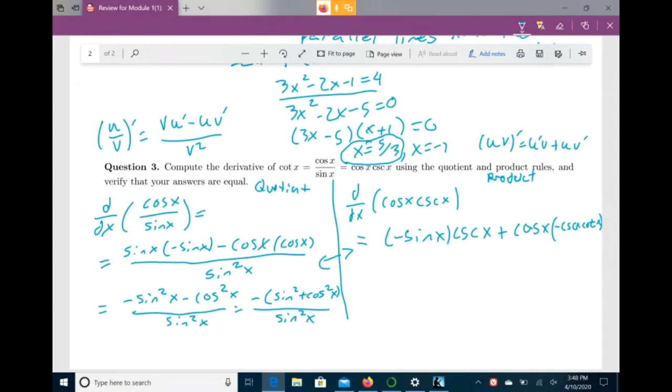All right, I can factor out a negative. And then I have in parentheses sine squared plus cosine squared. So what is sine squared plus cosine squared? Good, just 1. So you get negative 1 over sine squared. And I can write that as negative cosecant squared.